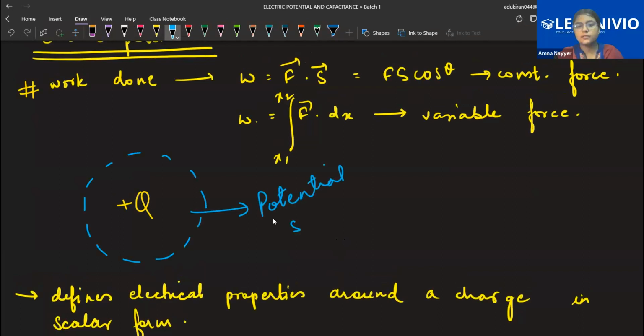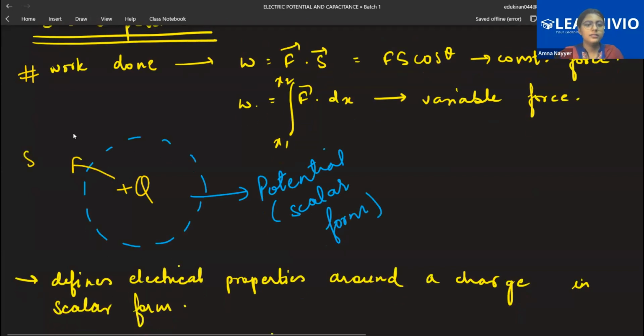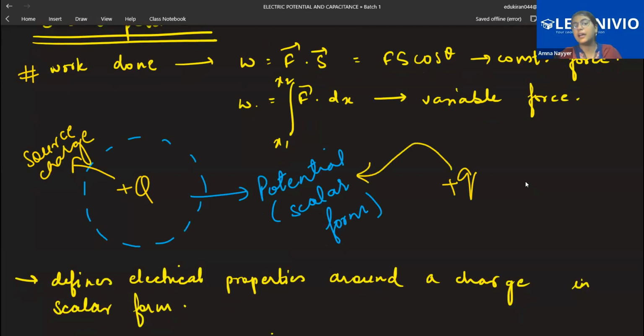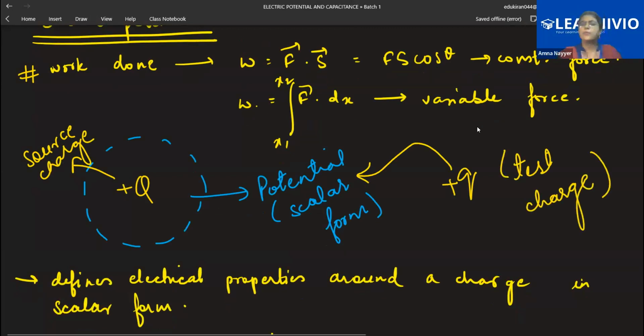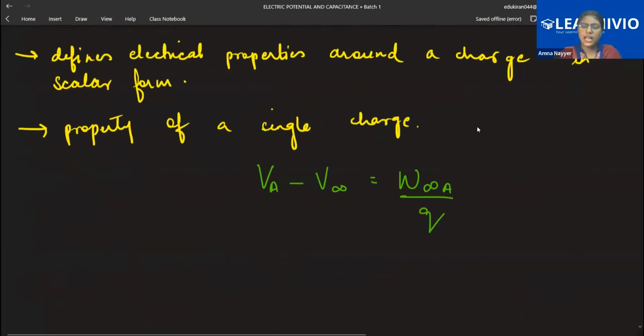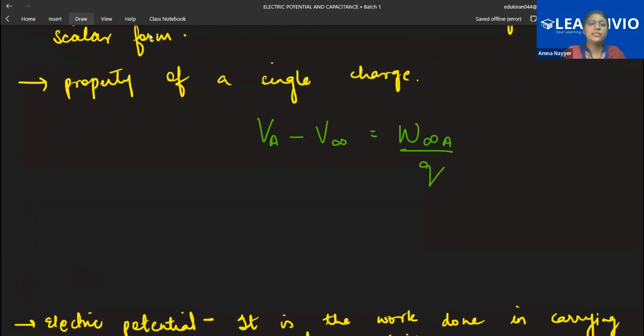So here also this will be your source charge. And you will bring one charge to check whether the electrical properties are being experienced or not. So this is called the test charge. Basically it's a property of a single charge, and we take the difference in the potential.